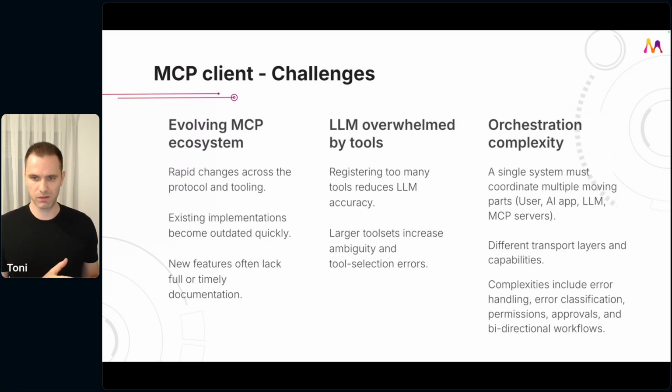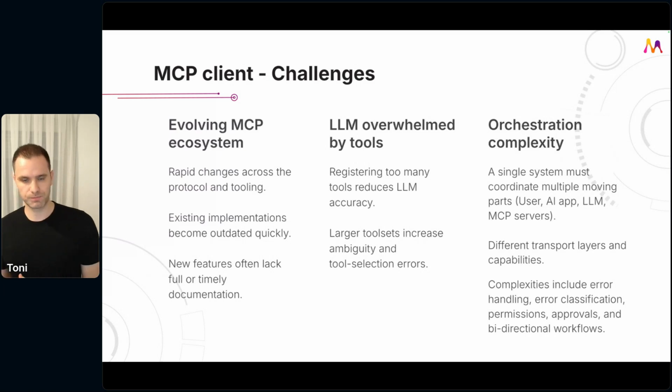And implementing all that and keeping it in shape is pretty hard, because new features often lack documentation. So you need to get to the source code and figure out how it's used and how you should integrate with it.